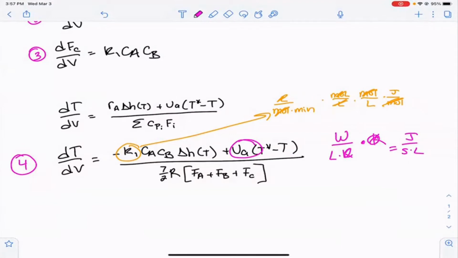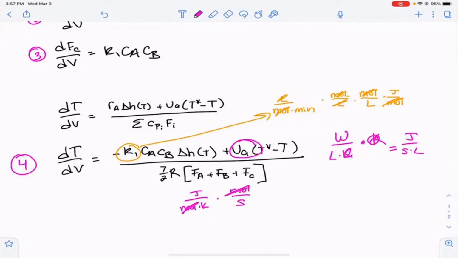The other thing we have to be careful about from a unit perspective is that the denominator has the proper units, because remember, this has to be in Kelvin per liter at the end. And so we know that R here is in joules per mole Kelvin times moles per second.